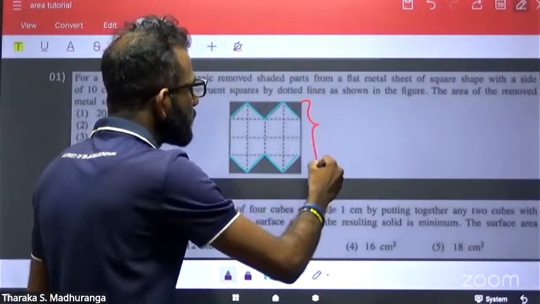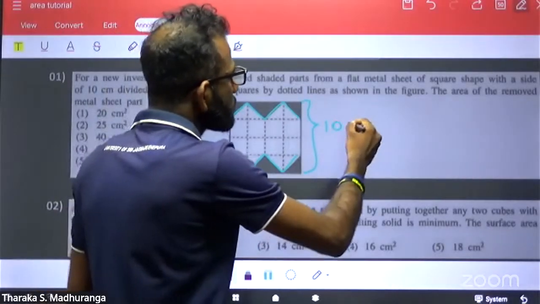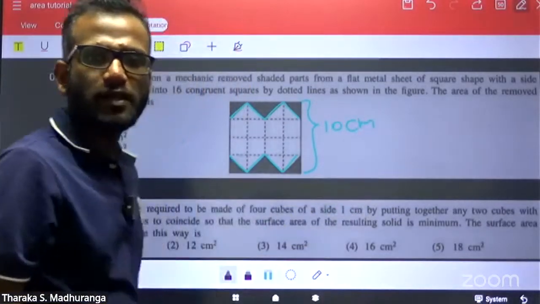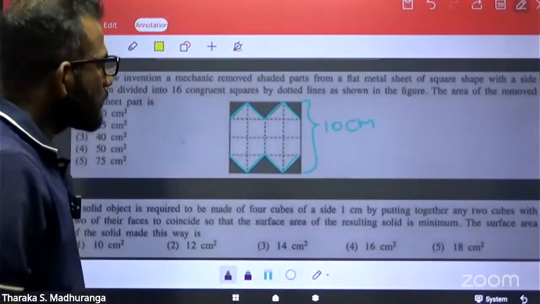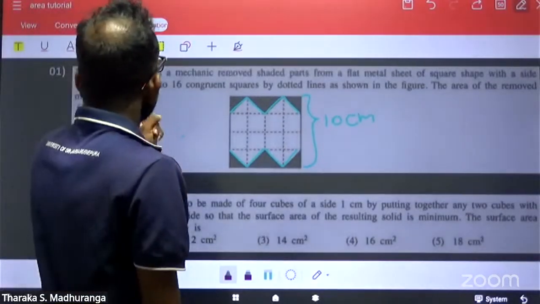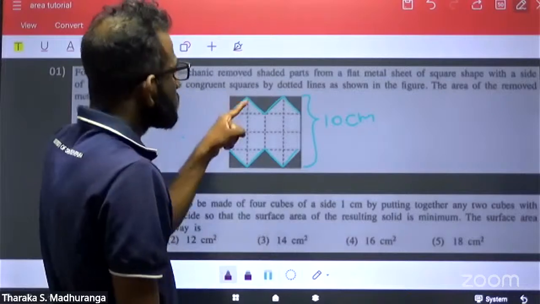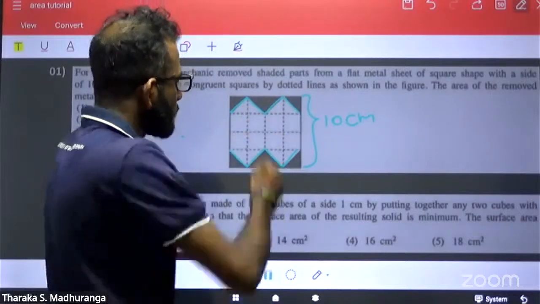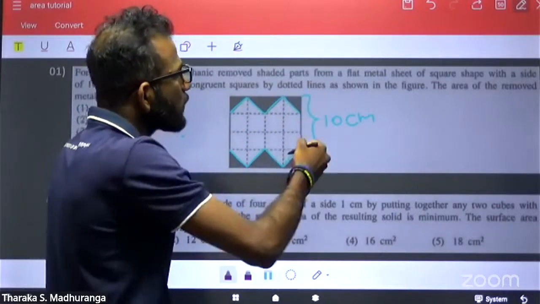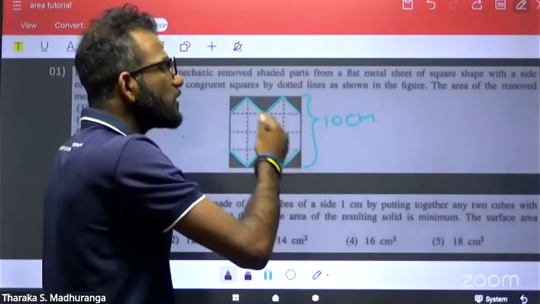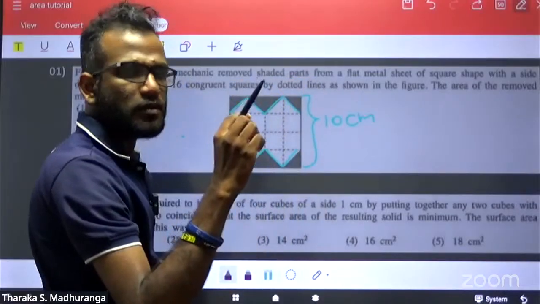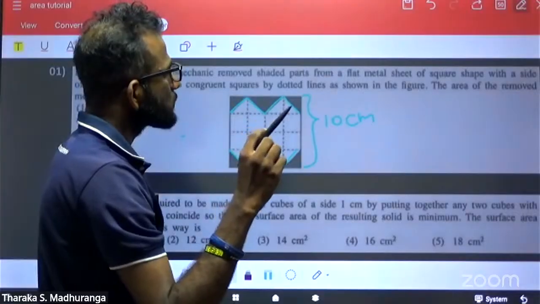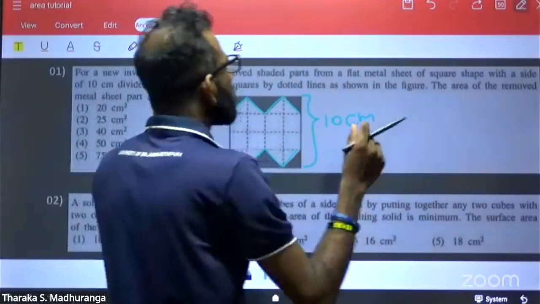It has been divided into 16 small squares by dashed lines. Find the area of the removed part.